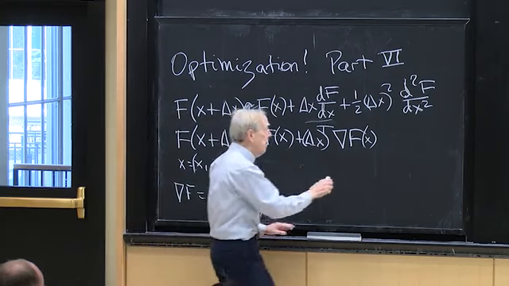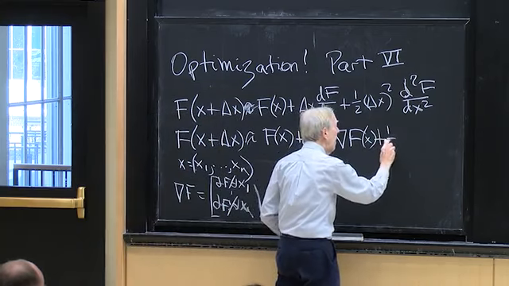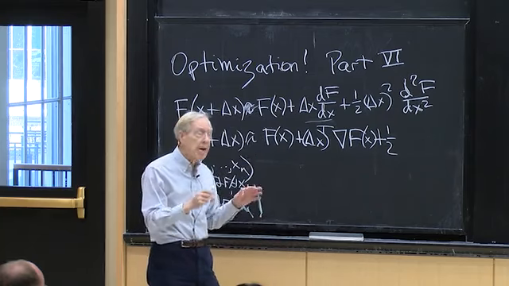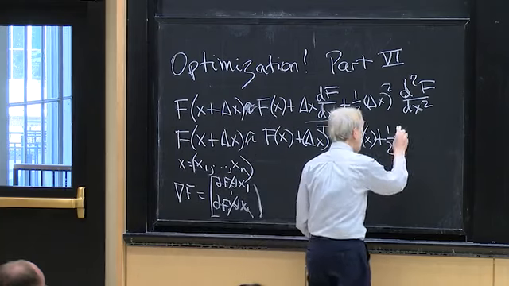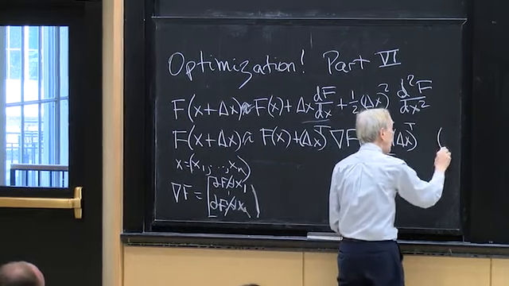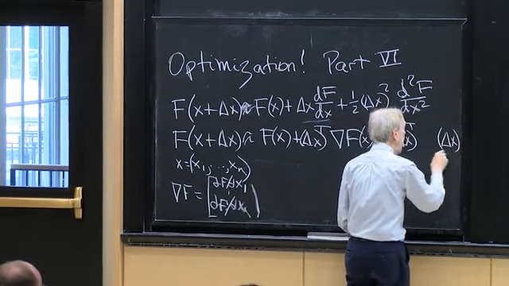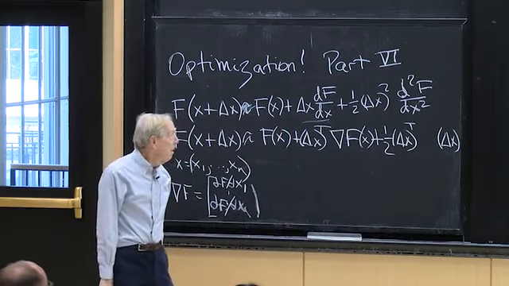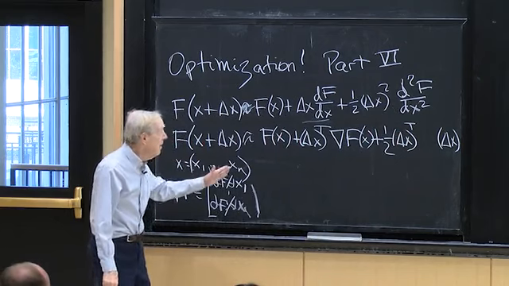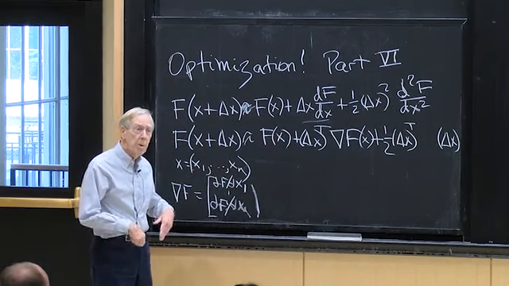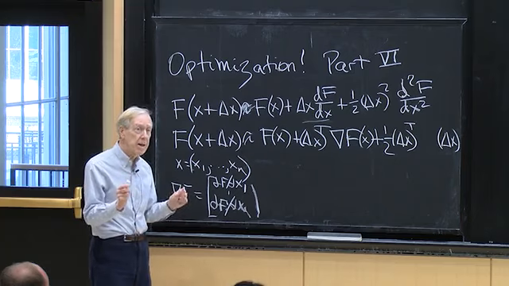And now what's the quadratic term? 1/2. Now delta x isn't a scalar anymore. It's a vector. So I'm going to have delta x transpose and a delta x. And what goes in between is the second derivatives. But I've got a function of n variables, so now I have a matrix of second derivatives.